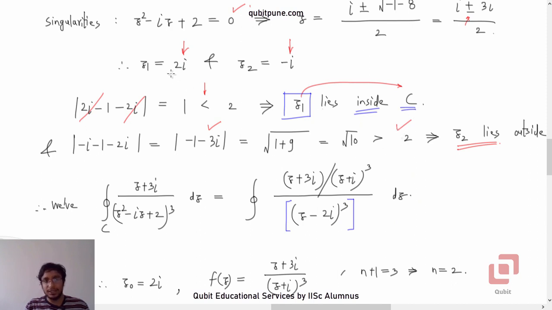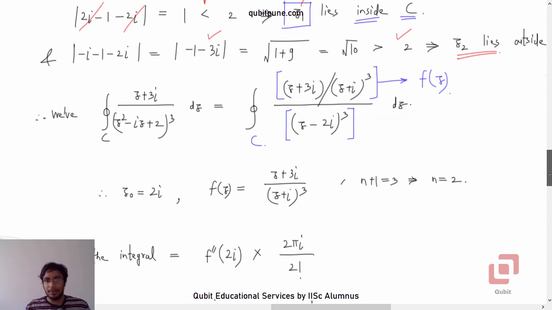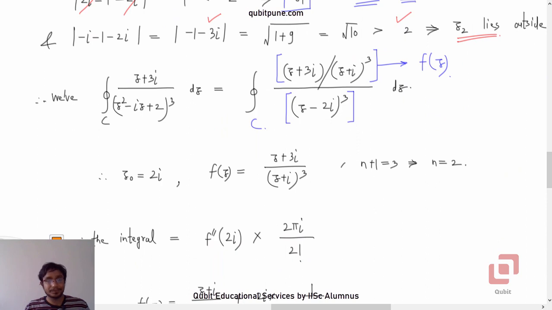The associated root is 2i. So only keep z minus 2i in the denominator, and the other factor of the quadratic expression, which is z minus minus i or z plus i, put it in the numerator. So this is now going to be our f of z.